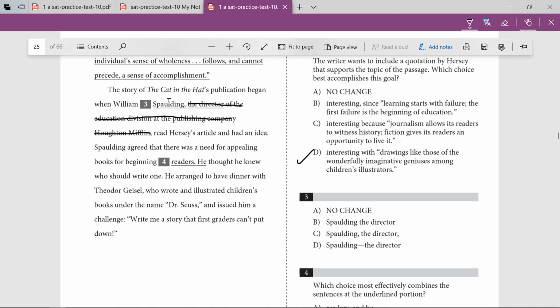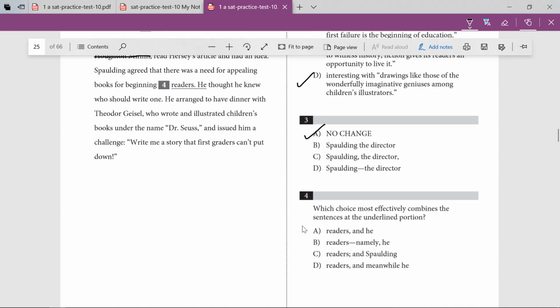It is immaterial with respect to what he did. The director of the education division at this is just the qualification of this gentleman, which doesn't have anything to do with what follows. So I can simply cut it and check whether it makes sense, which means the way it is written with a comma makes a lot of sense. So I would go with option A.